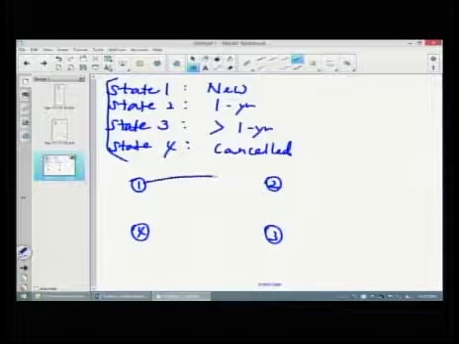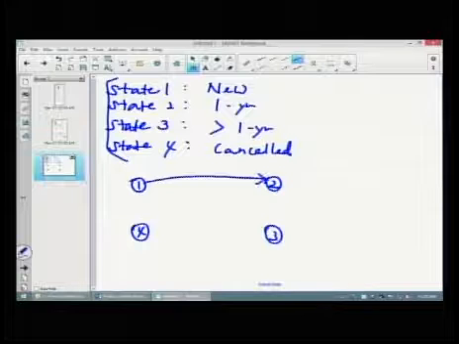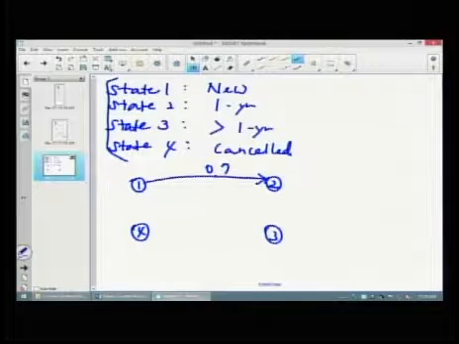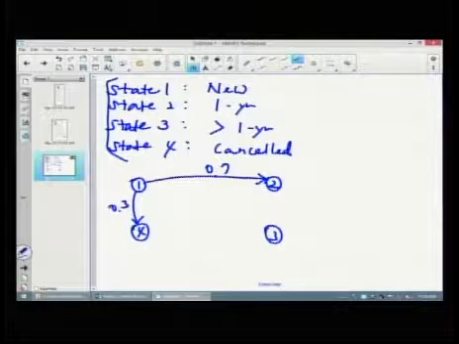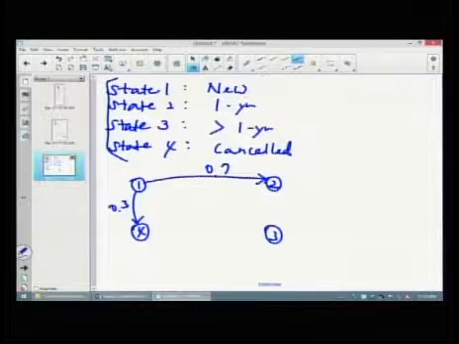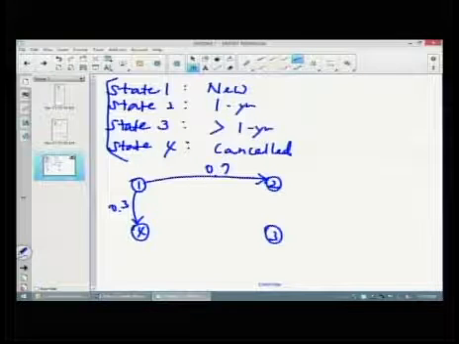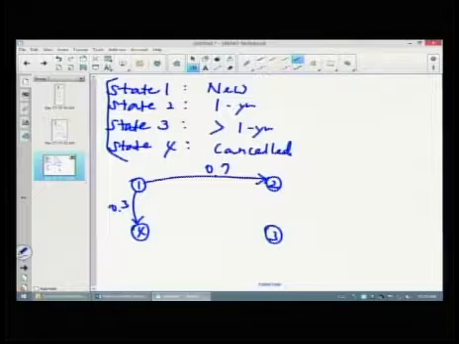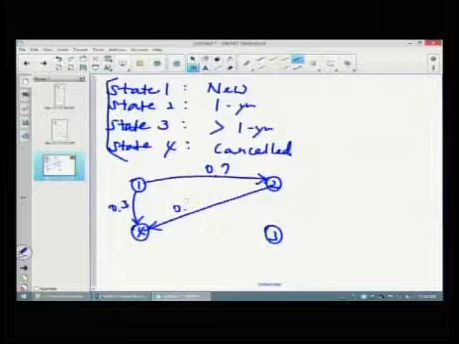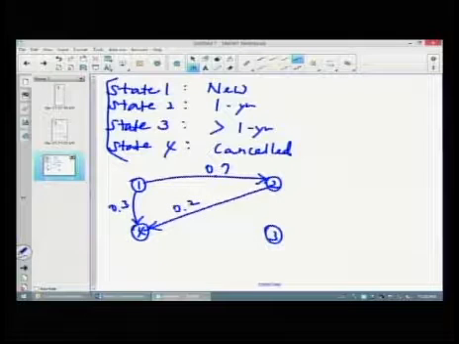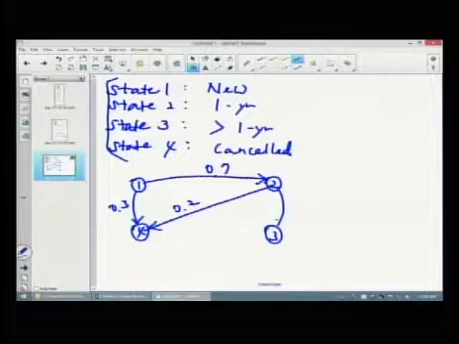So 1 to 2 becomes what? 0.7. 1 to 4 becomes 0.3, right? Likewise, 2 to 4 becomes 0.2, right? Which means 2 to 3 becomes 1 minus 0.2, which is 0.8.